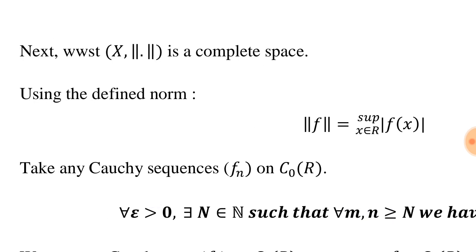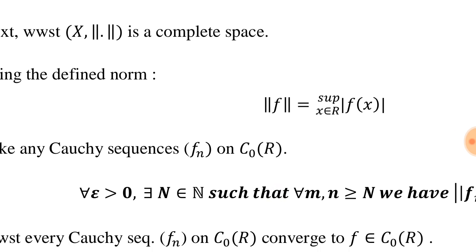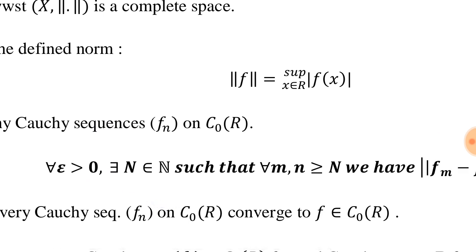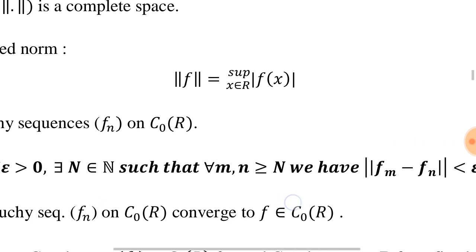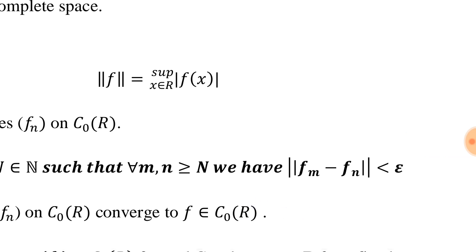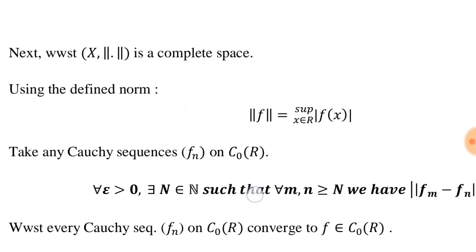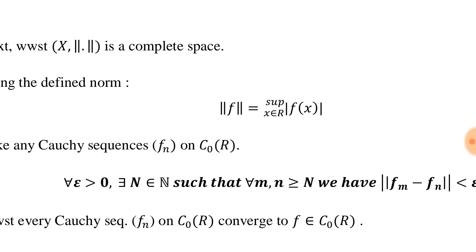Now, we take any Cauchy sequence f sub n in C sub 0 of R. Based on the definition of a Cauchy sequence in a normed space, for every epsilon greater than 0, there exists a capital N in the natural numbers such that for every m and n greater than or equal to capital N, the norm of f sub m minus f sub n is less than epsilon. Here, we will show that every Cauchy sequence f sub n in C sub 0 of R converges to f in C sub 0 of R.